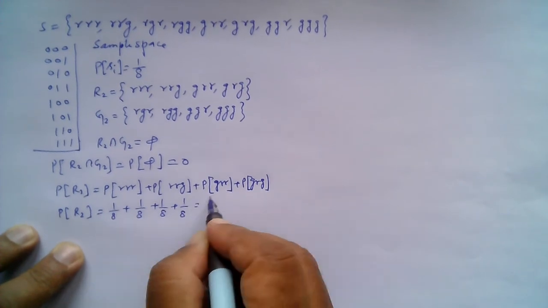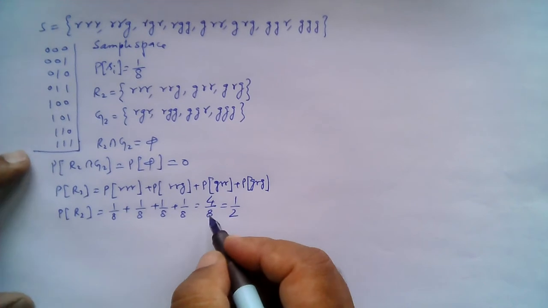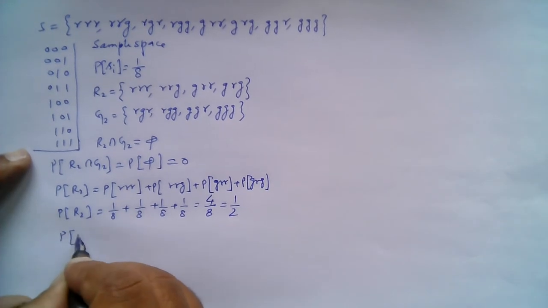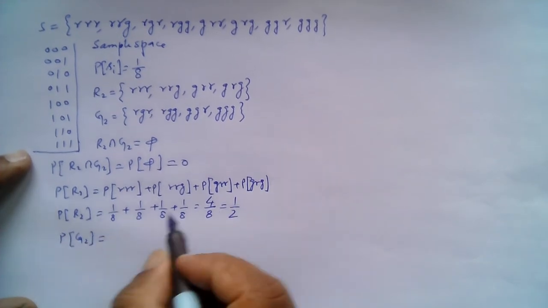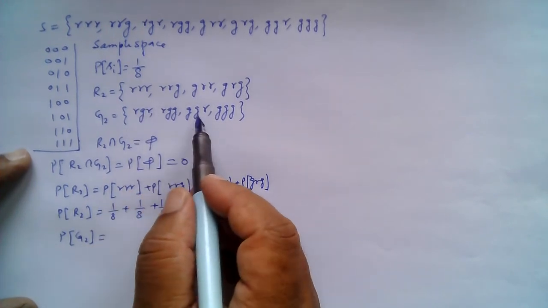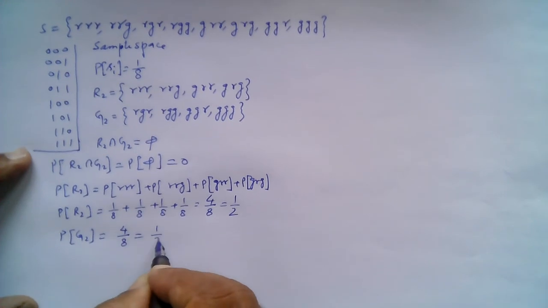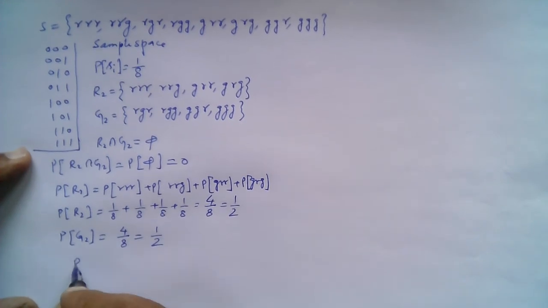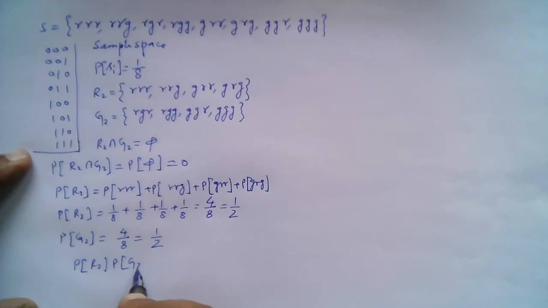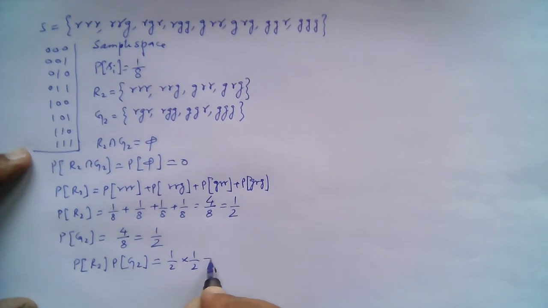So that is 4 over 8, that is 1 over 2, right? Similarly, probability of the event G2 is the same, right? This is 1 over 8, 1 over 8, 1 over 8, 1 over 8, and that is 4 over 8, that is 1 over 2. So probability of R2 multiplied by the probability of G2 is equal to 1 over 2 multiplied by 1 over 2 is equal to 1 over 4.